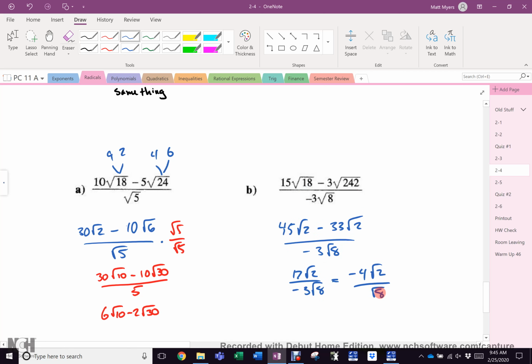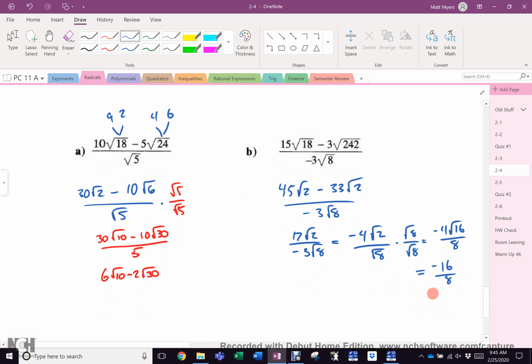You could simplify root 8, or you could just multiply by root 8, which gets you negative 4 root 16 over 8, which gets you negative 16 over 8, which gets you negative 2.